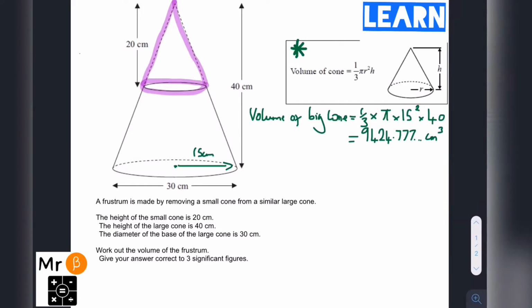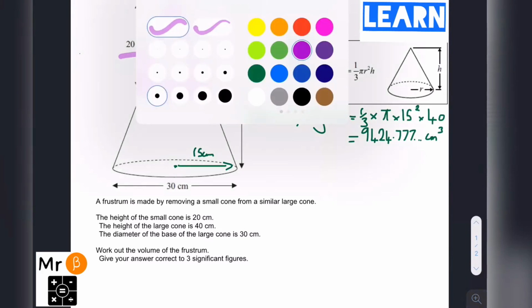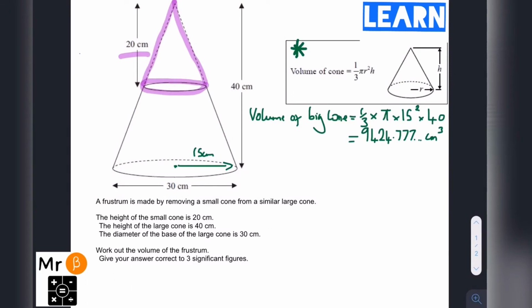Just like before, we're going to need our height, which is given to you. We're going to need our radius. You'll notice we don't have a radius yet. However, there is a hint in our question which helps us work out our radius. And it tells you the frustum is made by removing the small cone from a similar large cone.